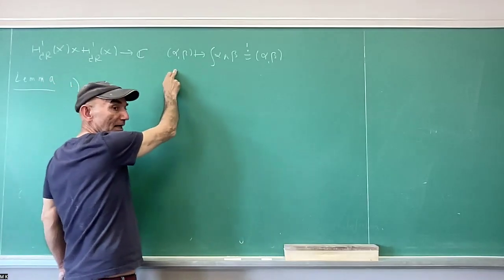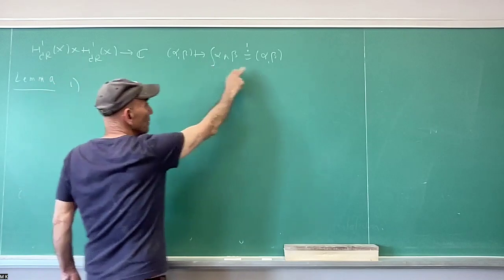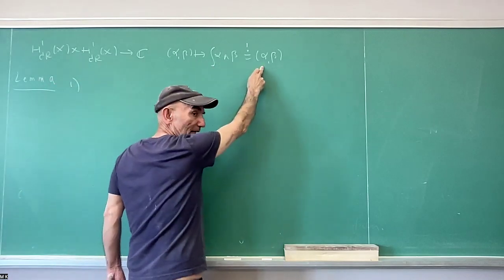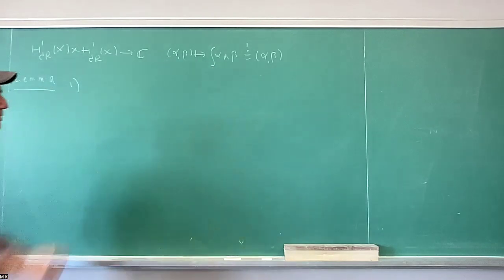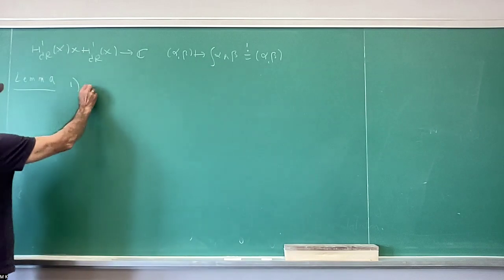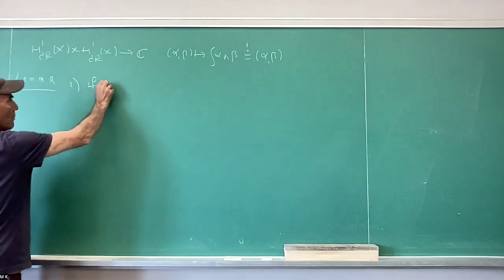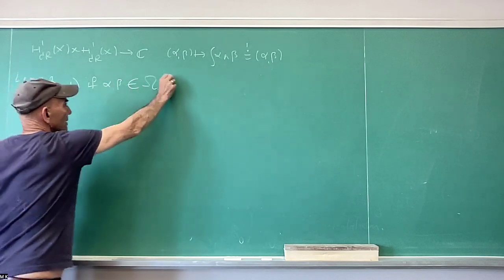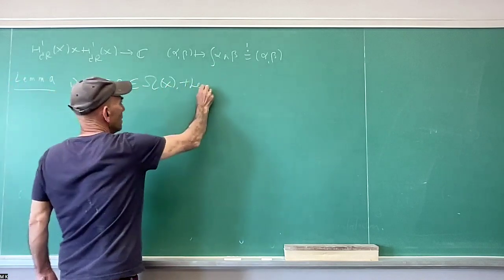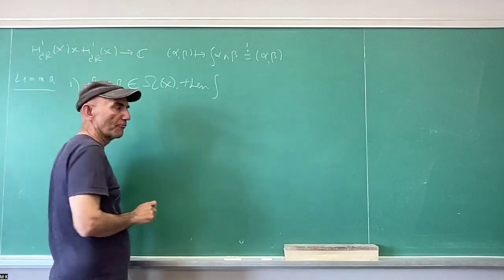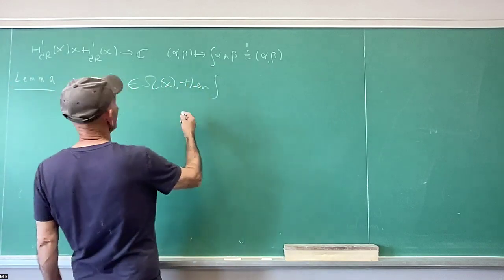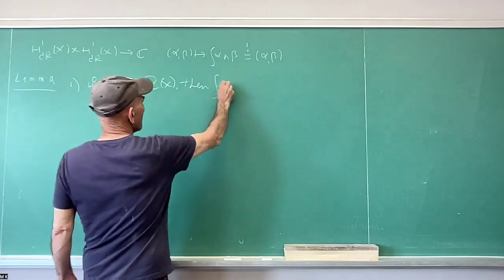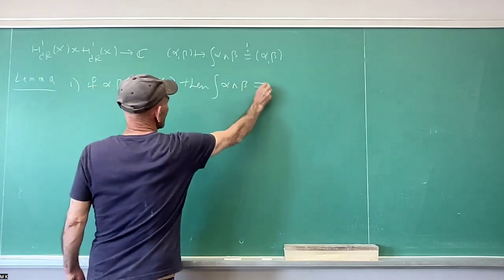This is a pair that's mapped into this number, but it's a notation for that pairing. So sorry about that. First of all, if alpha and beta both belong to omega of X, then the integral of alpha wedge beta is equal to 0.